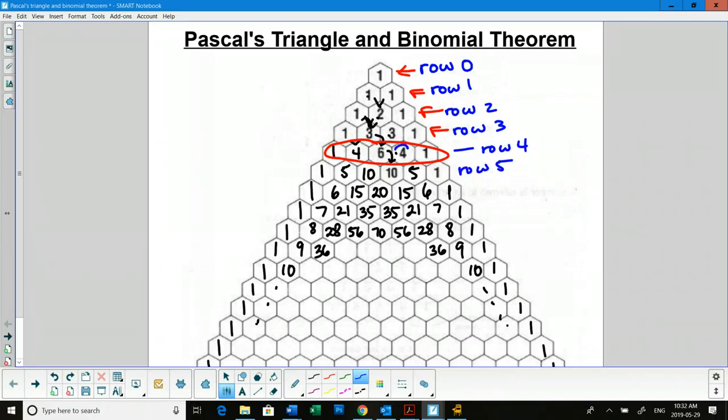So you'll notice that it corresponds to the counting number row that I'm looking at. Okay? So that's kind of what I usually like to do. Technically, if you want to start with the top one as row 1, it'll be n minus 1 as the row that you use there. So you'll take your exponent and use the next row up from that, or the next row down from that, I should say.